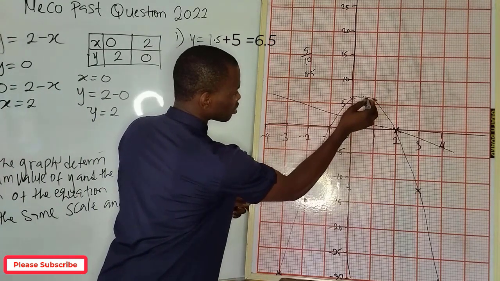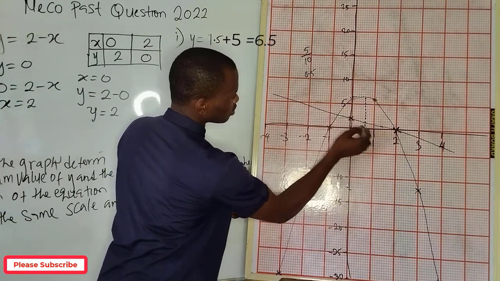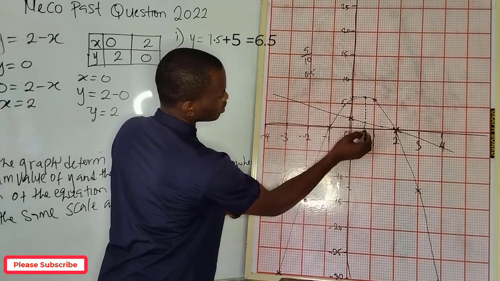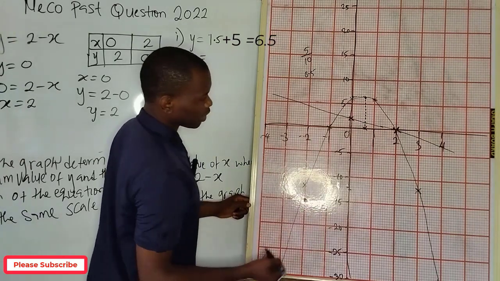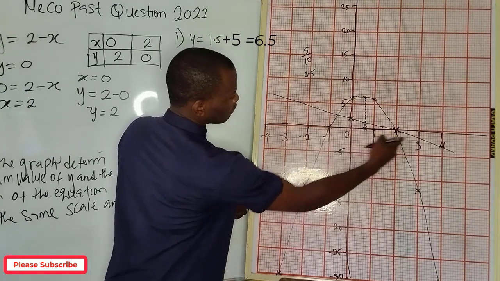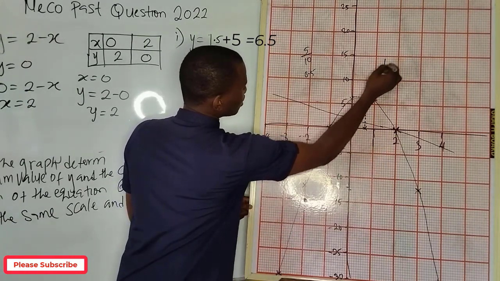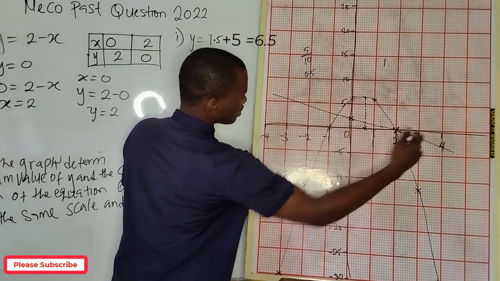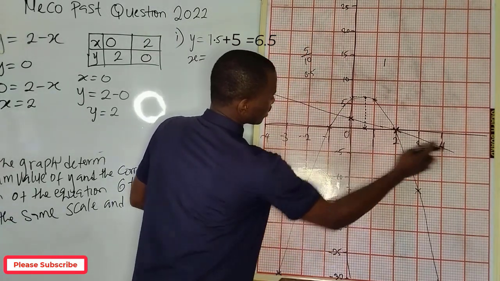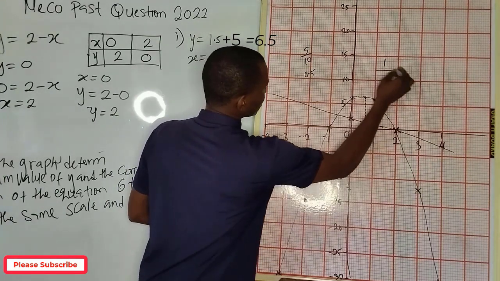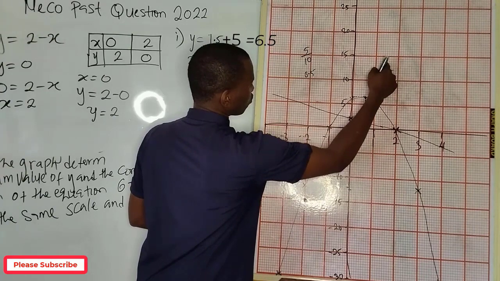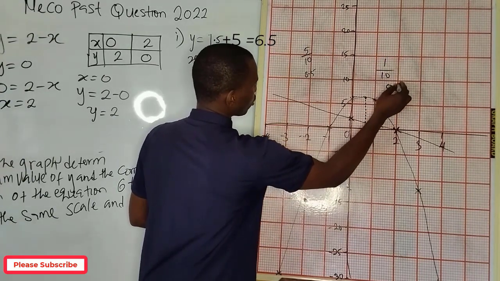At that point, we trace it down. The thing curved here. Get the value of y here, trace it down here, and get the value of x. So since here is 1, the interval here is 1. Let's get the little lines for the x-axis. Most times they vary from y. So the interval here, or our scale, is 1, and the little line is 10. So divide 1 by 10, you will have 0.1.